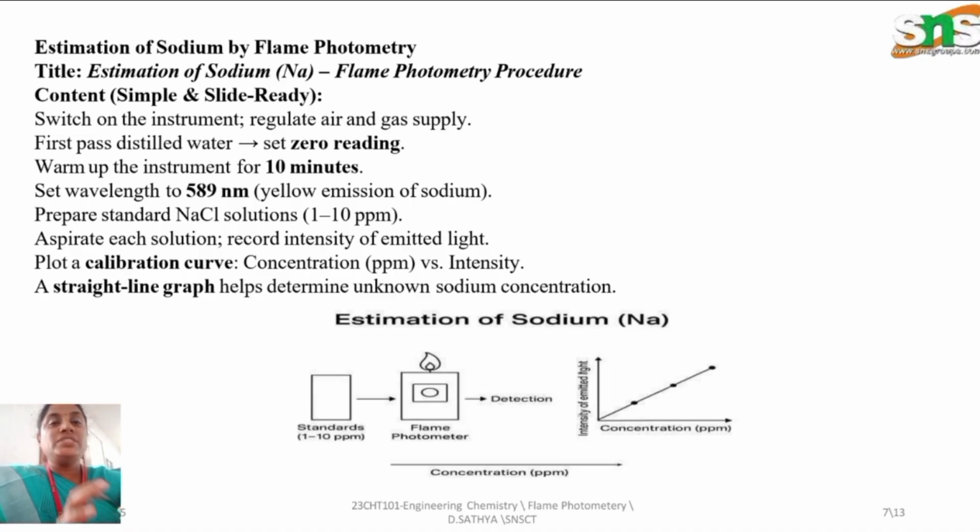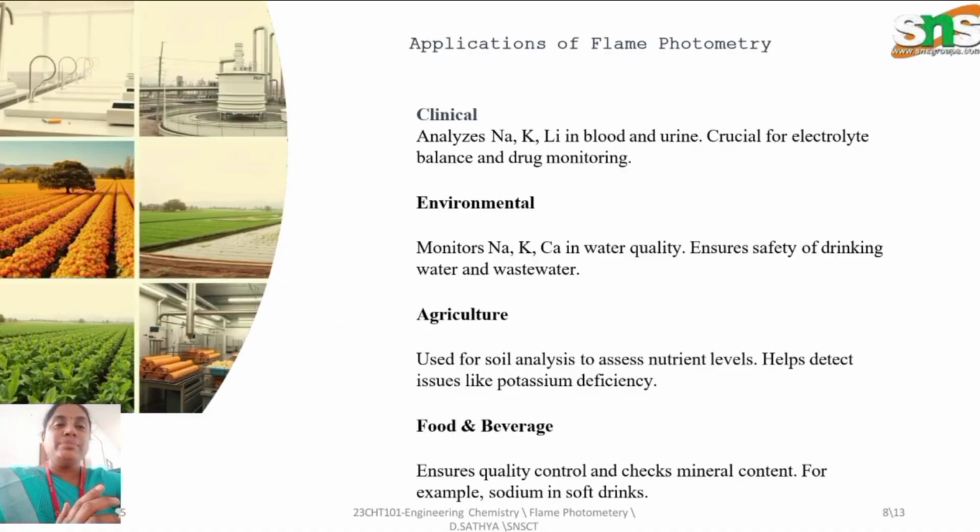Prepare standard sodium chloride solutions of 1 to 10 ppm, where ppm means parts per million. Record the emitted intensity for each solution. Finally, plot the calibration curve of concentration versus intensity, the same procedure as in UV-visible spectroscopy. The straight-line graph helps to determine the unknown sodium concentration.